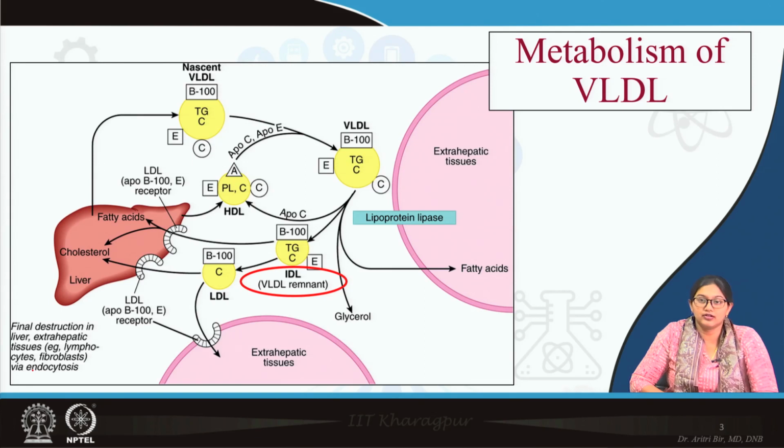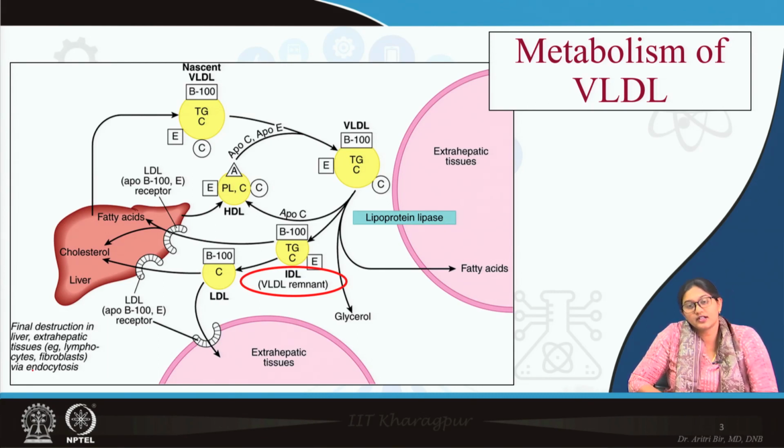What we have discussed regarding VLDL metabolism is that VLDL, very low density lipoprotein, originates from liver. VLDL carries the endogenously synthesized triacylglycerol, synthesized inside the liver, and goes through different maturation phases, that is nascent VLDL, which is matured to form mature VLDL.